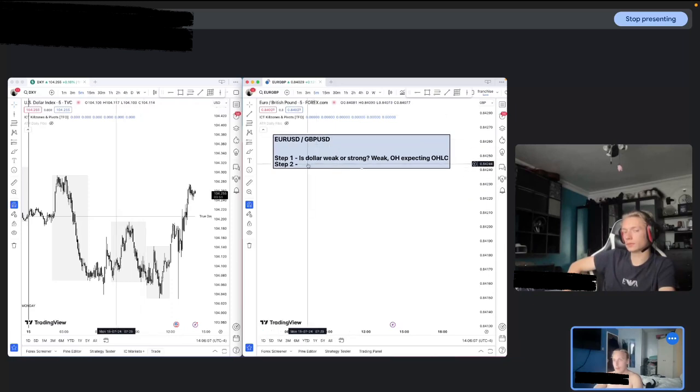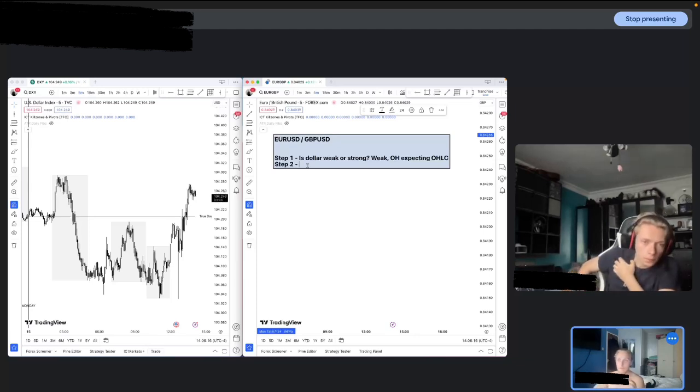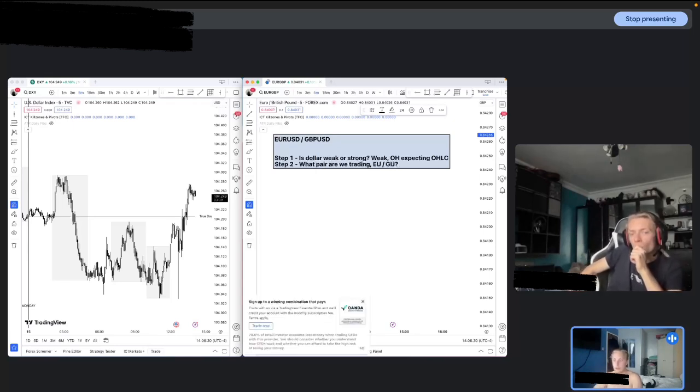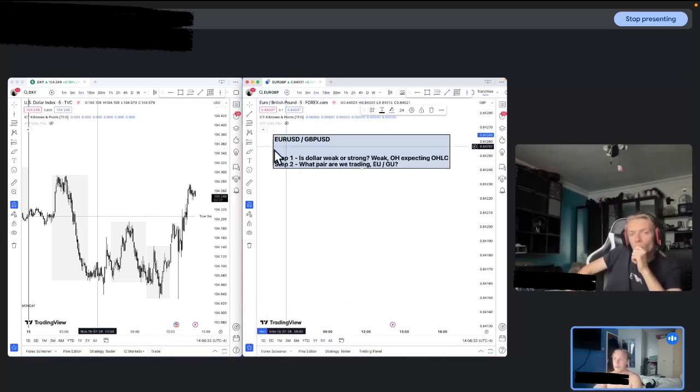Step two, right? After we found out the dollar is going to be bearish, we need to know what pair we're going to trade. EU or GU. How can we know which is going to be the best pair to trade if the dollar's weak?